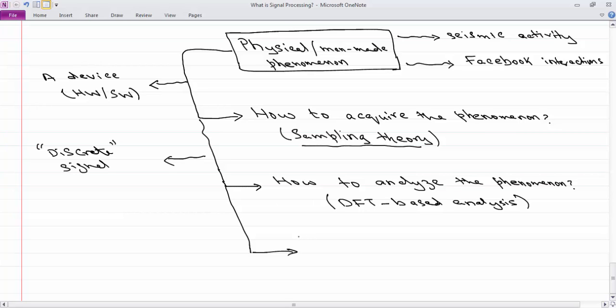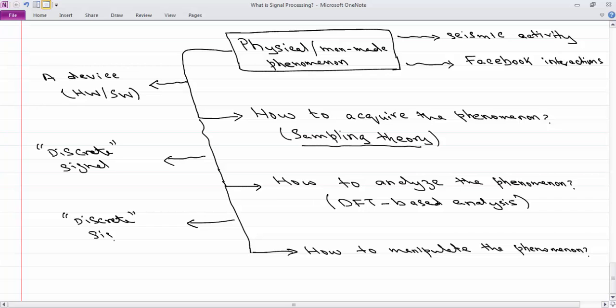For example, for a music signal or an image, you have a large size image, you want to make it small so that you can send it over email or using MMS or whatnot. So another question you can ask is how to manipulate the phenomenon. And that also operates on discrete signal.